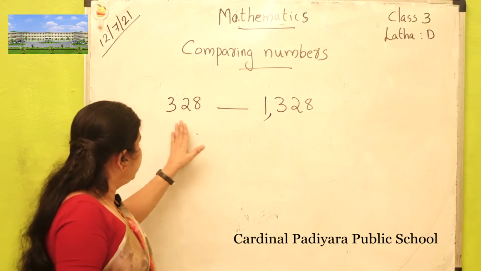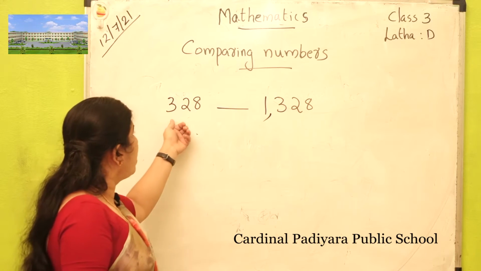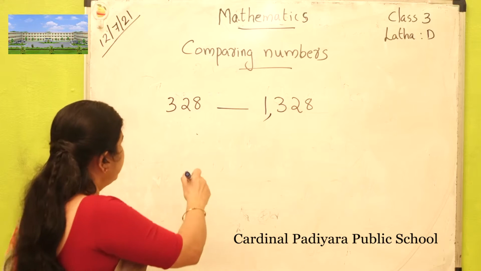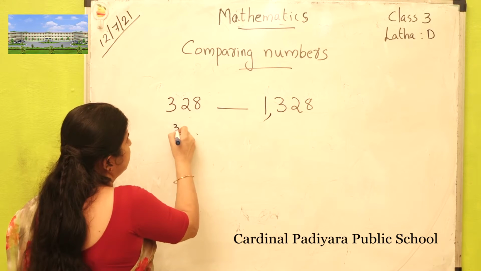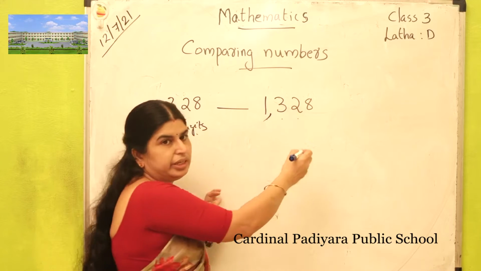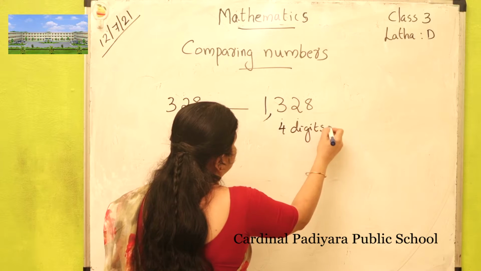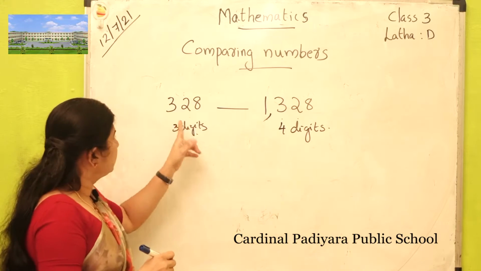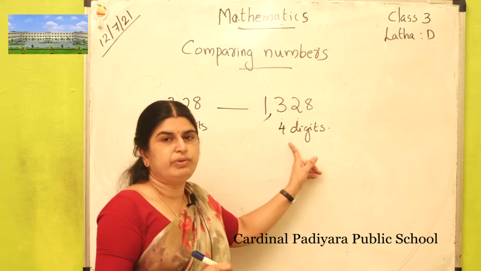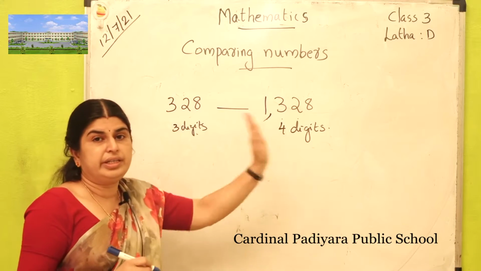For comparing numbers, first of all count the digits. Here 1, 2, 3 digits. Here 1, 2, 3, 4 digits. Here 3 digits and here 4 digits. Which is the greater number?